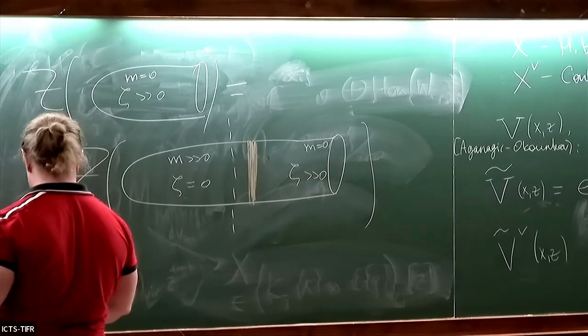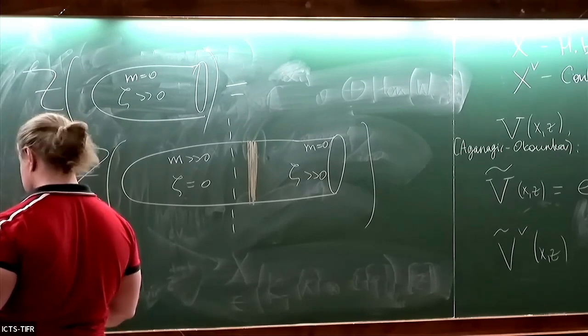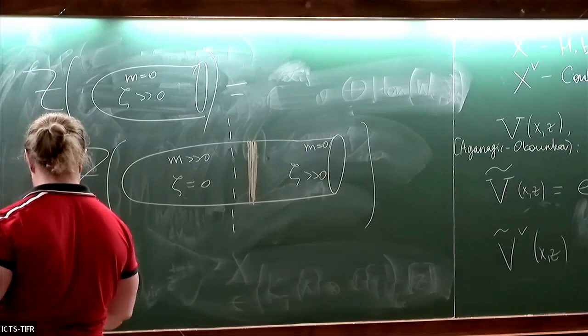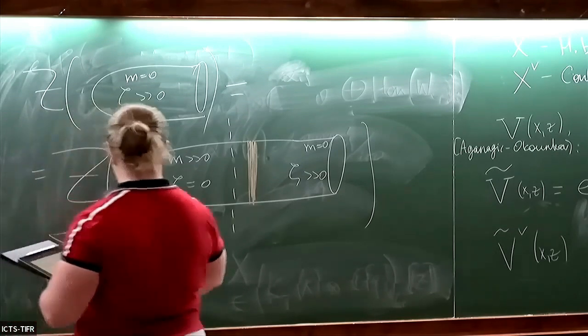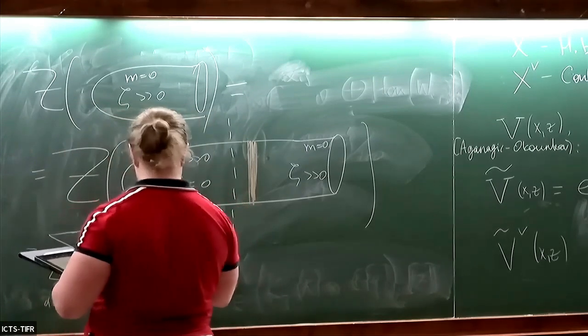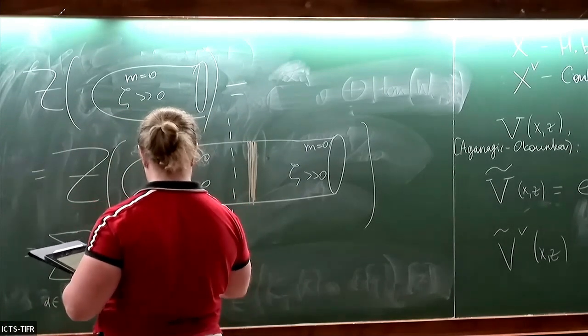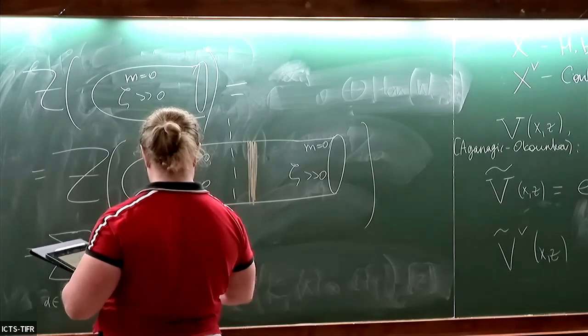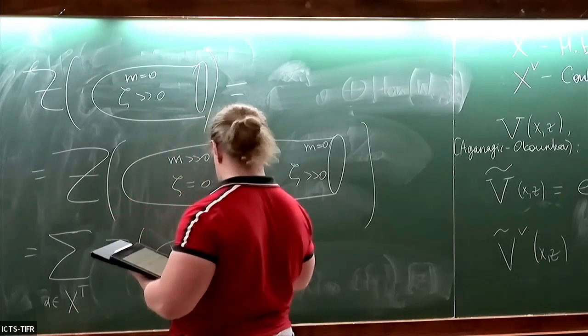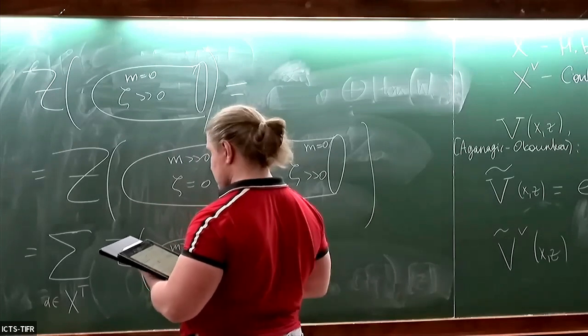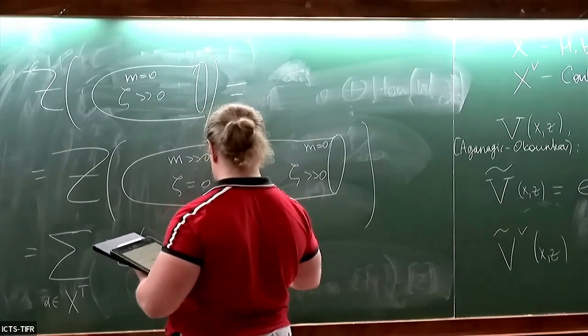Let me call them alpha. So there are these fixed points, so vacua. Here I have this piece of the cigar with some boundary condition, let me call it d alpha.